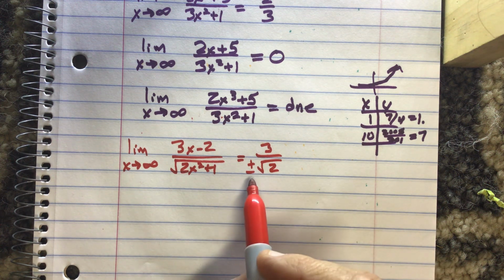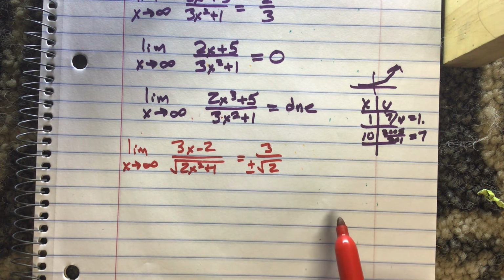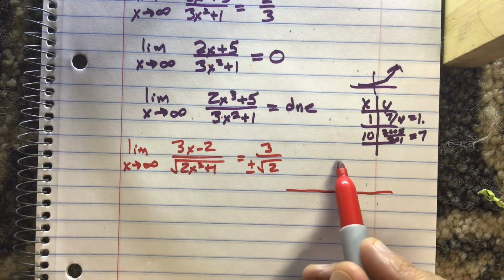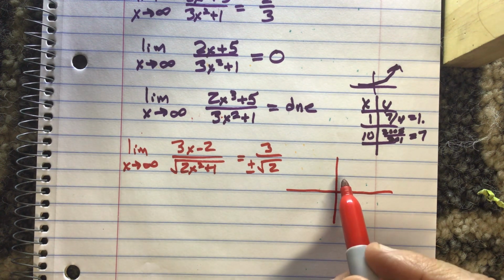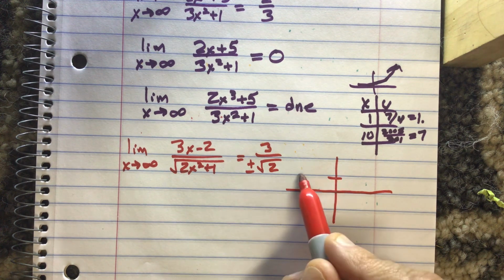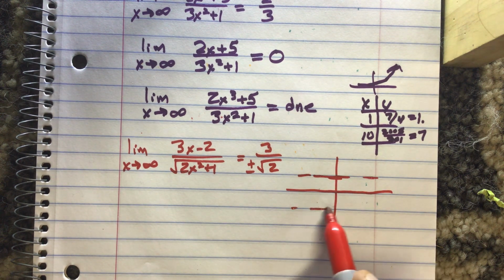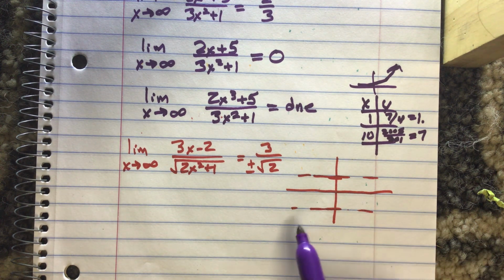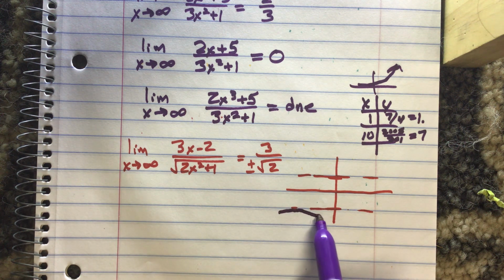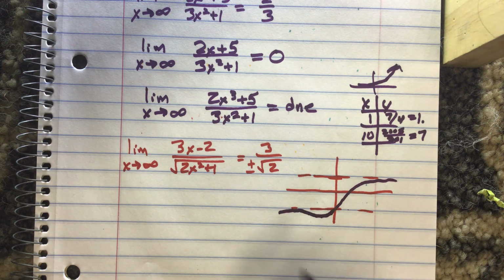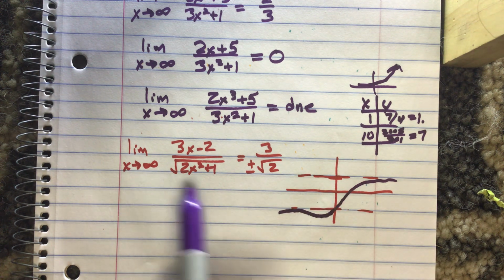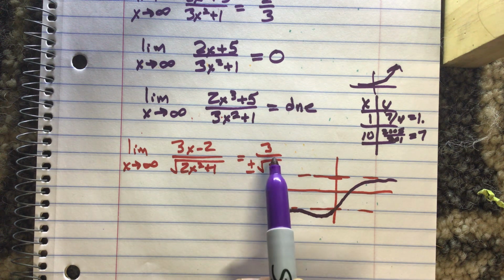So in this case, you actually have two horizontal asymptotes at 3 over the square root of 2, which is 1 point something, I think. The function approaches this asymptote, and then it comes up and approaches this one. So the limit as x approaches infinity is 3 over the square root of 2 and negative 3 over the square root of 2.